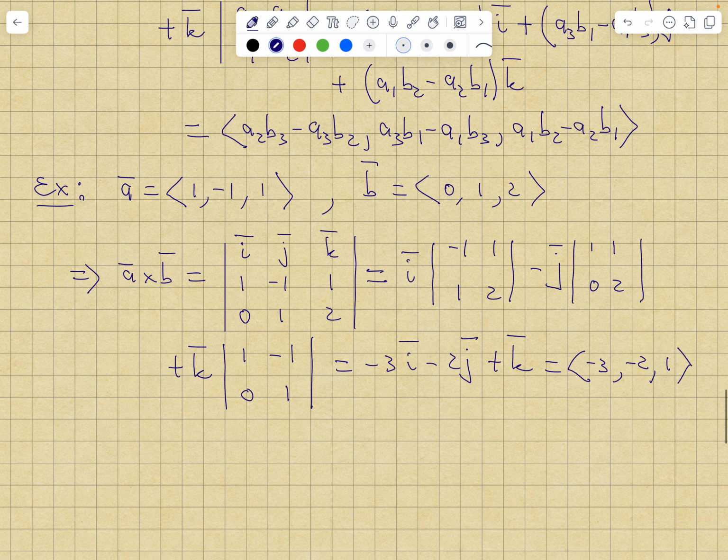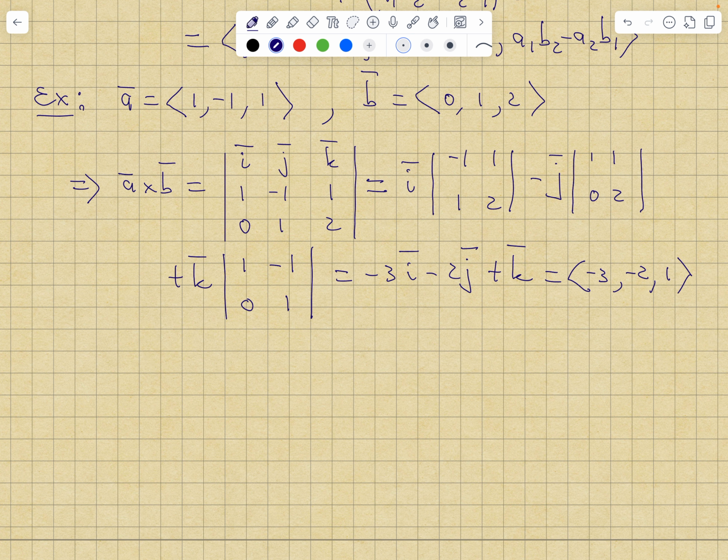As a last exercise, let's also compute this. So now A cross B is a vector, and A is a vector. So I can try to compute A cross B dot product with A. And likewise, I can try to compute A cross B dot product with B. So let's see what that is. A cross B is minus 3, minus 2, 1.